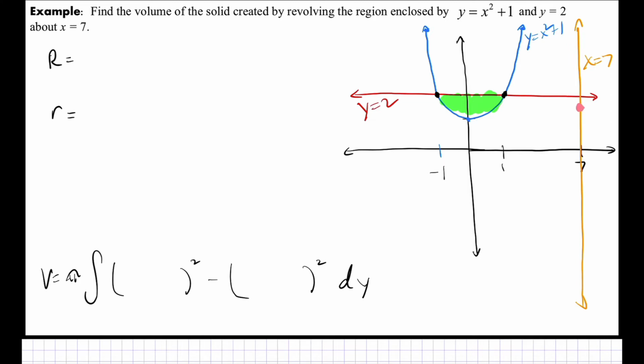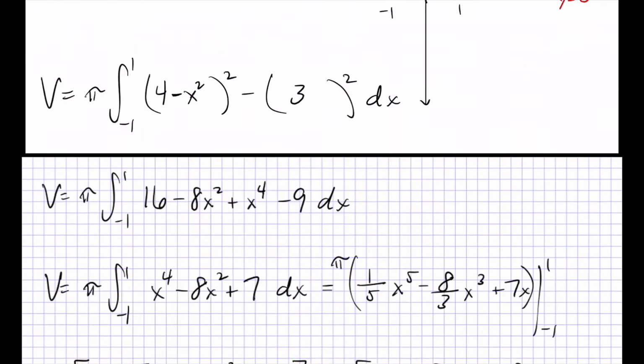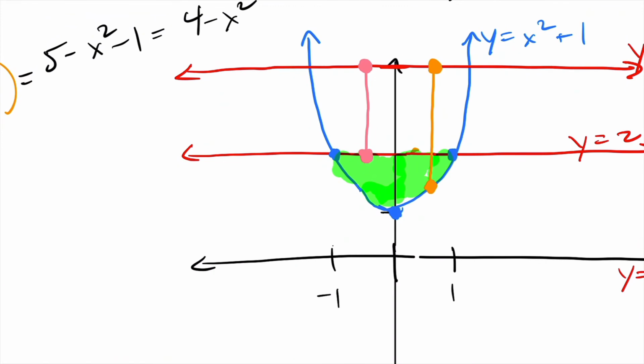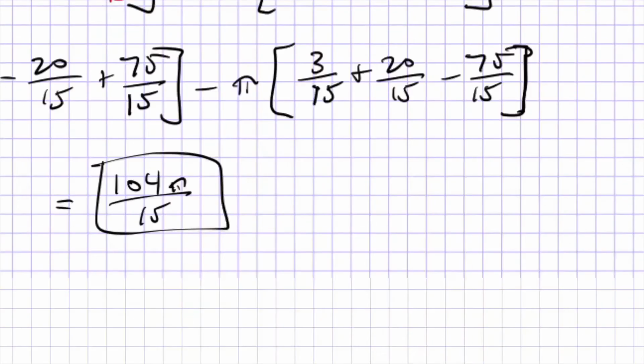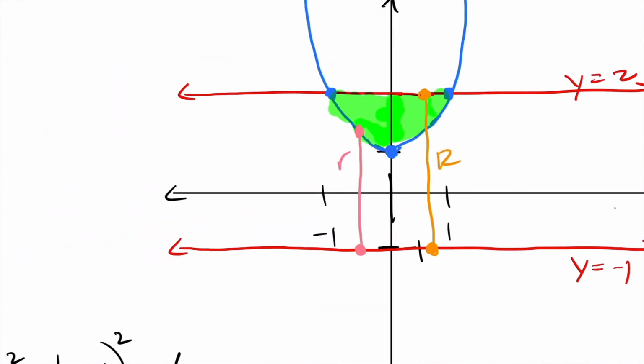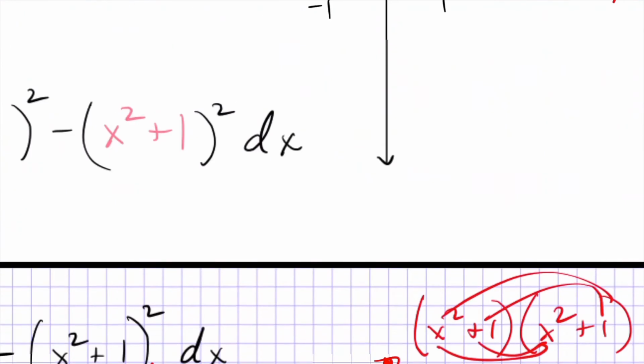Before, when we did big R and little r, I was always going vertical, up and down. Big R and little r were always up and down.